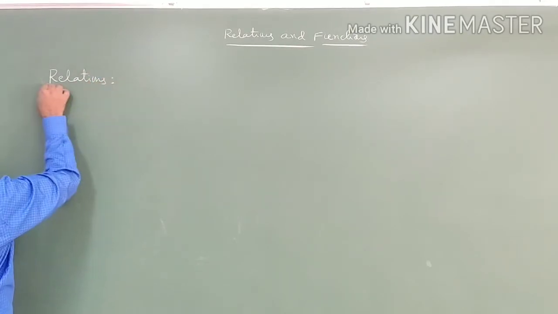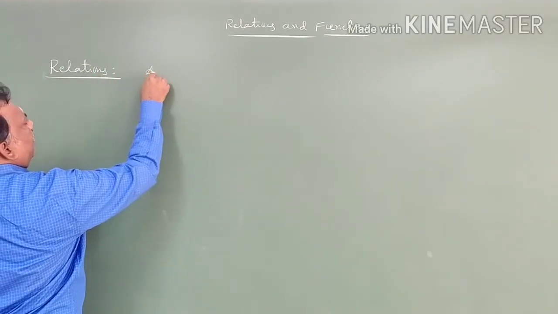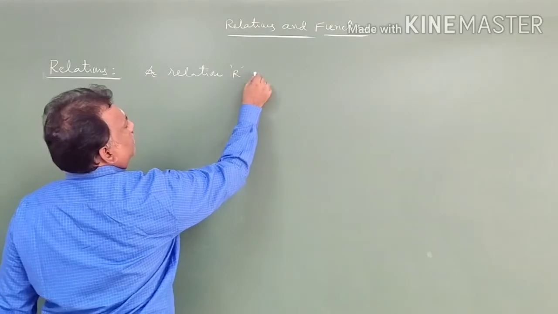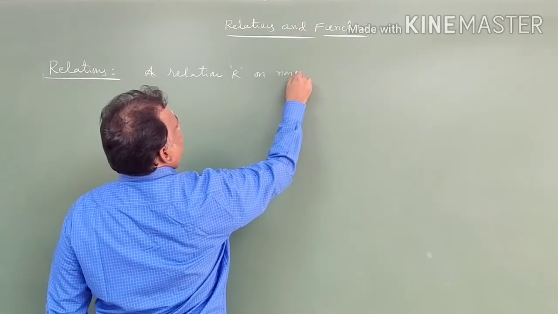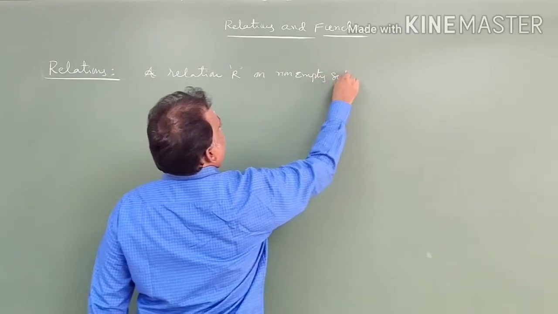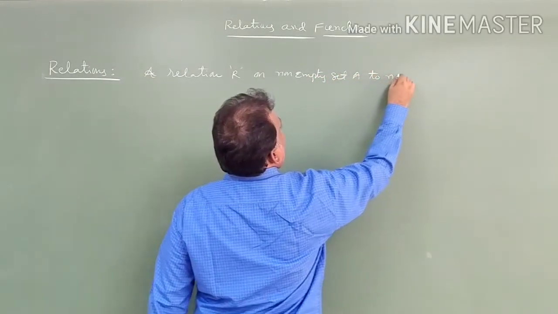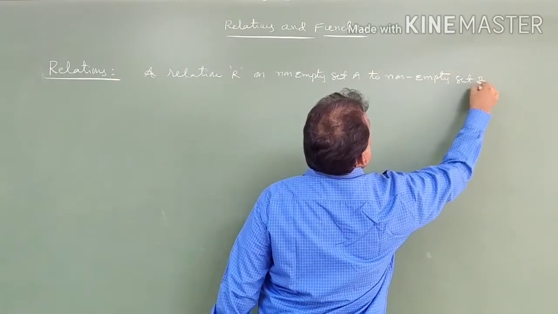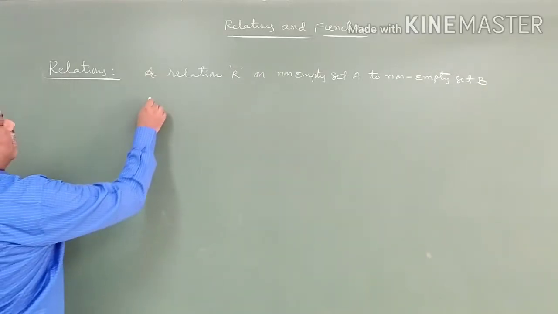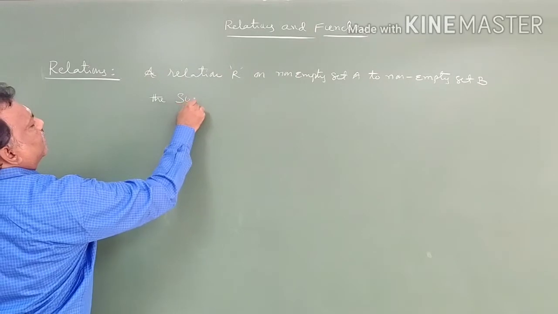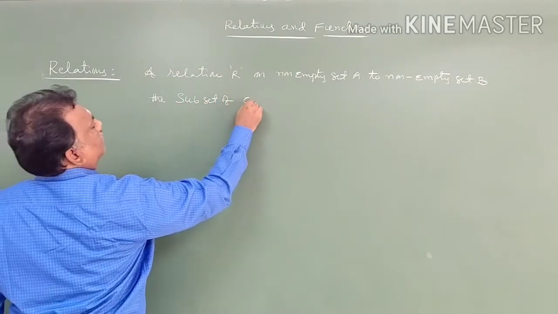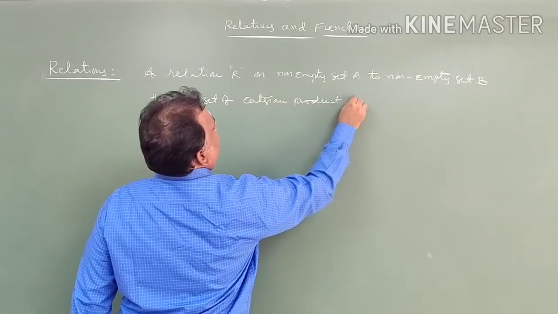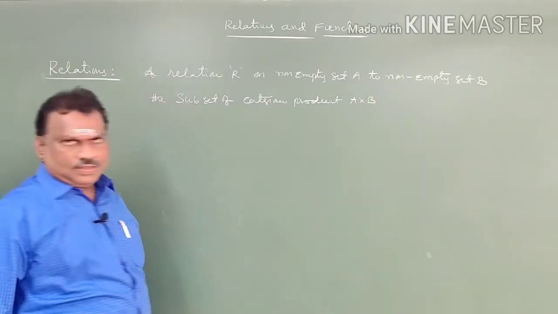What is meant by relation? A relation R on a non-empty set A to a non-empty set B is a subset of the Cartesian product A cross B. I think you are familiar.